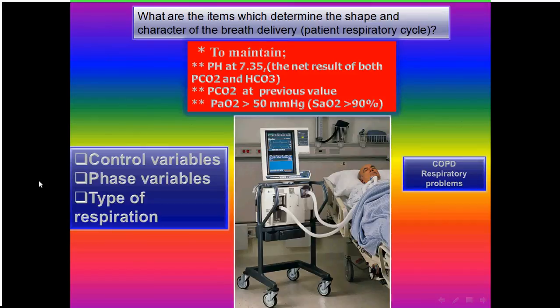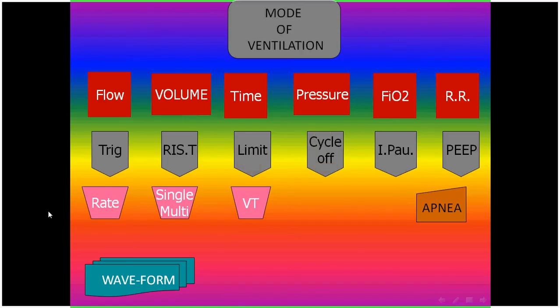So again, we come back to how to adjust the ventilator. This is the control variable, the phase variable, and the type of respirations. The control variable means the characters of the breath delivered to the patient. This breath has a volume, it has a flow delivered in a certain time, it will produce some pressures, and it has a concentration of oxygen, and how many times this breath is repeated per minute.